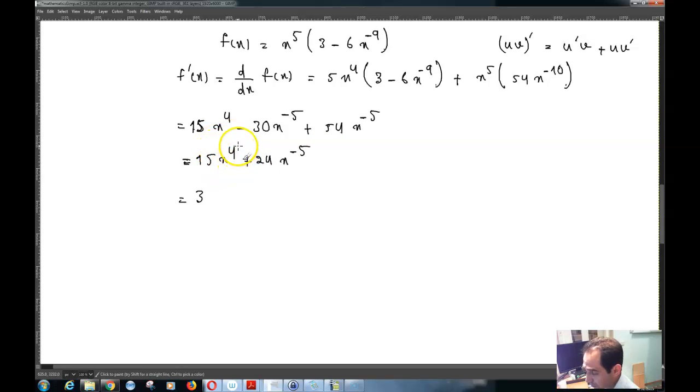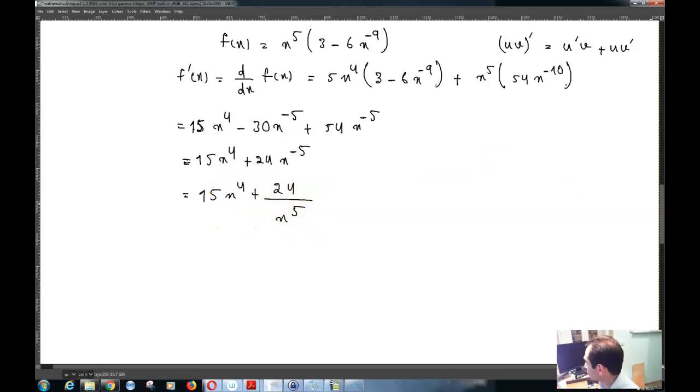If I rewrite this, I have 15 x raised to the power 4 plus 24 over x raised to the power 5. So if I take x raised to the power 4 out, for example, I can take anything out really.